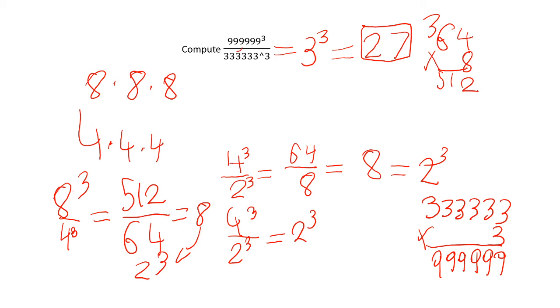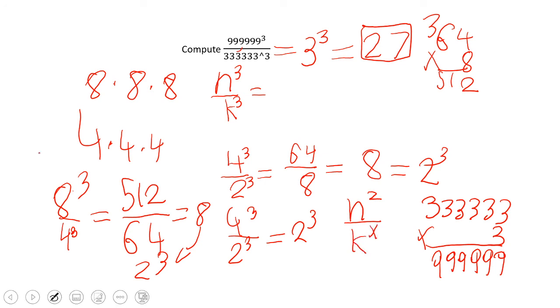So now you know, whenever you have n to the z divided by k to the z, you just do n divided by k and raise it to the zth power, and you're done.